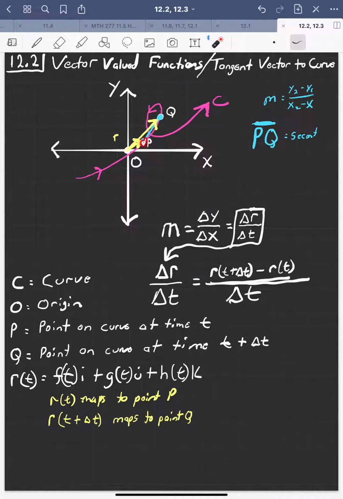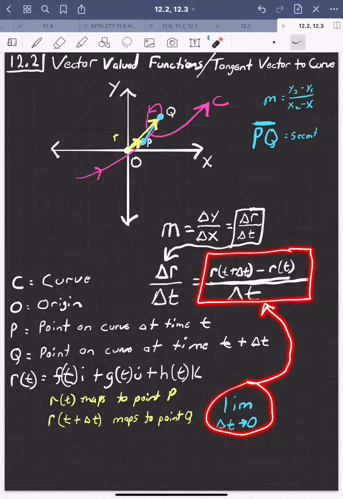We want the instantaneous velocity. So if we take the limit as delta t approaches 0, and couple that with this Newton quotient, what do you have?